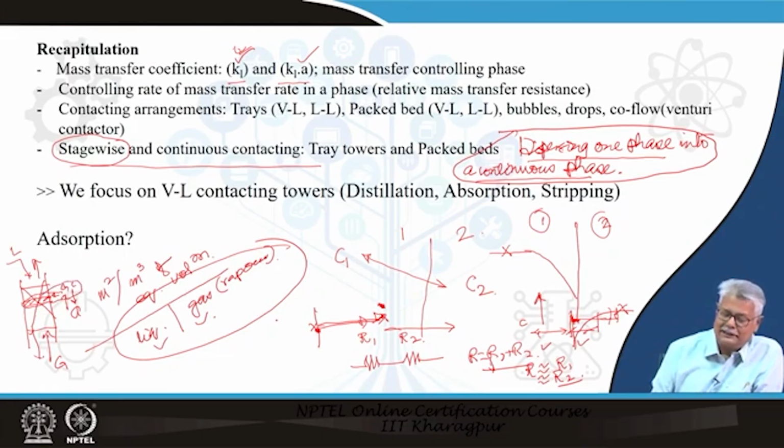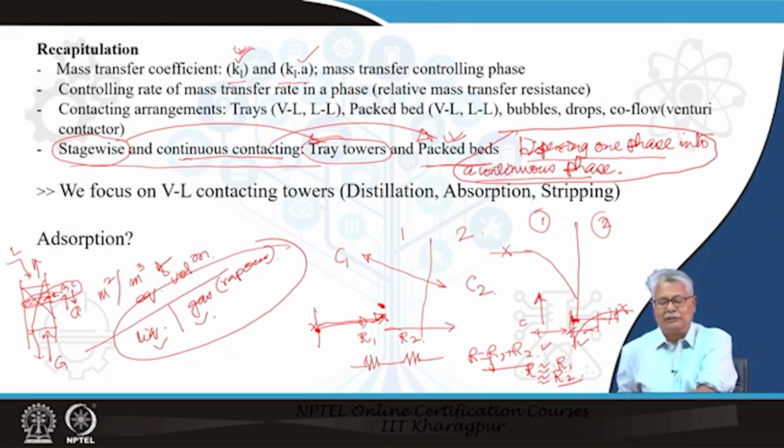So, at this particular point, your continuous contacting will be offered by packed beds. The equipment is going to be a packed bed for you. And the tray towers, we will see the details of the tray towers, are stage-wise contacting equipment.